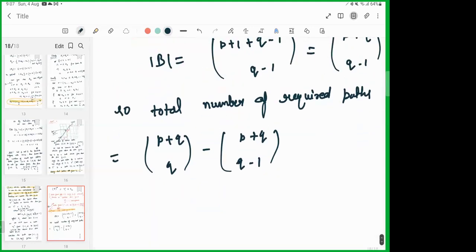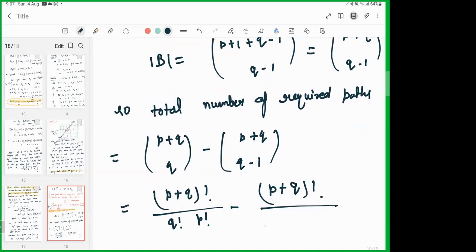This is P plus Q factorial by Q factorial into P factorial, minus P plus Q factorial by Q -1 factorial into P plus 1 factorial.